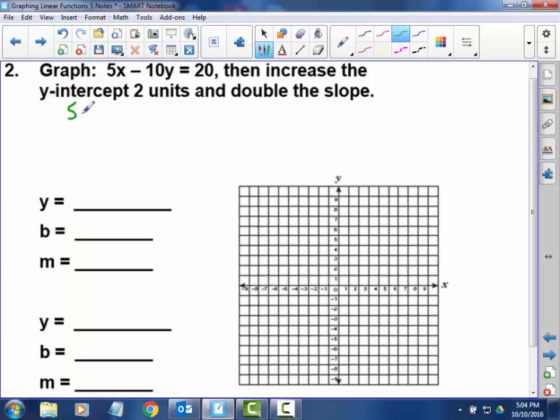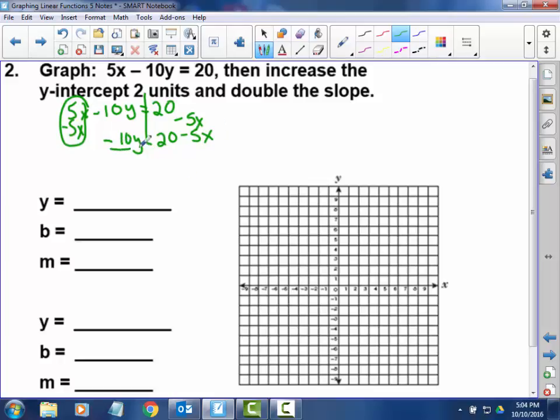So we start off with 5x minus 10y equals 20, and we want to get y by itself, so the x has to go, and we move it by subtraction this time. So 5x take away 5x is 0, and what we do to one side of the equal sign, we do on the other side of the equal sign. So now we have that negative 10y equals 20 minus 5x.